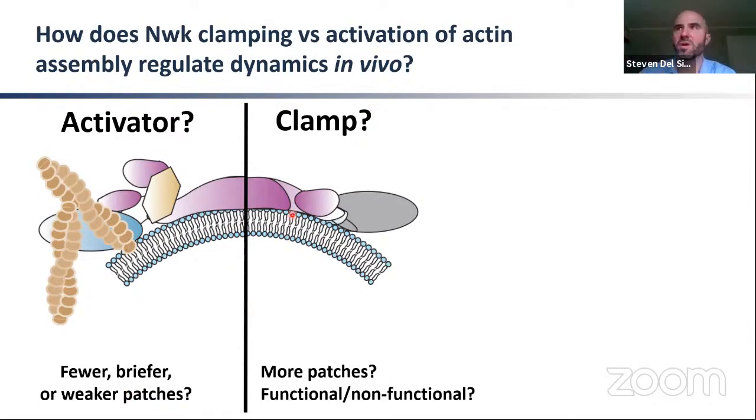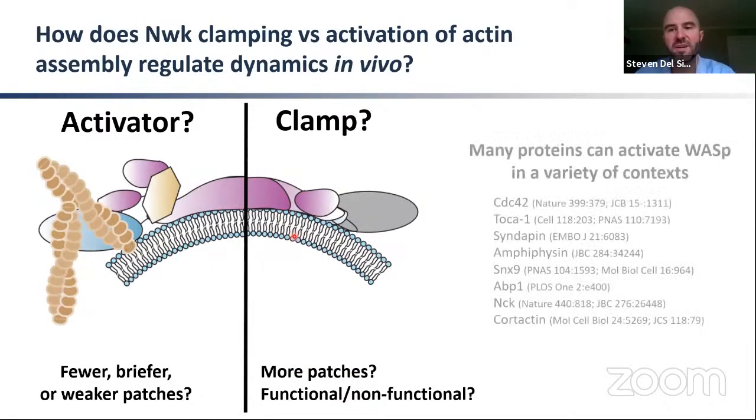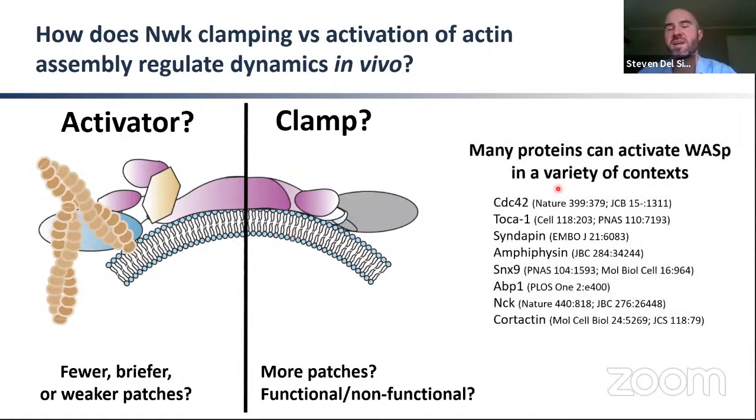Whereas if the majority of this pre-deployed Nervous Wreck is acting as a clamp on actin assembly, then we might expect to see actually more actin assembly. I think this clamp model is particularly important to consider in light of the fact that there are many, many other proteins that could be activating WASp either concurrently or in response to a loss of Nervous Wreck.